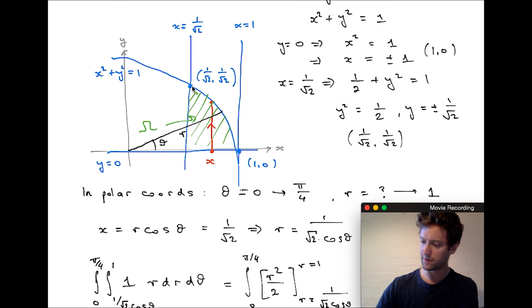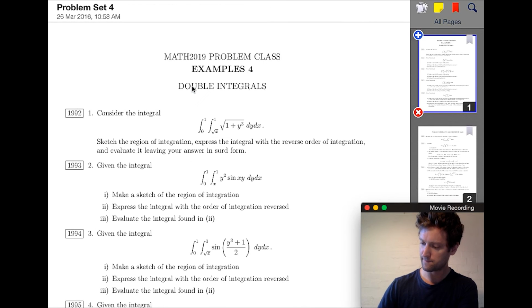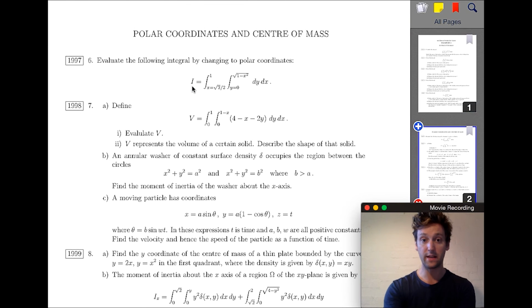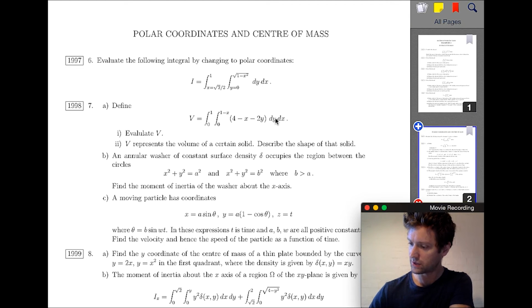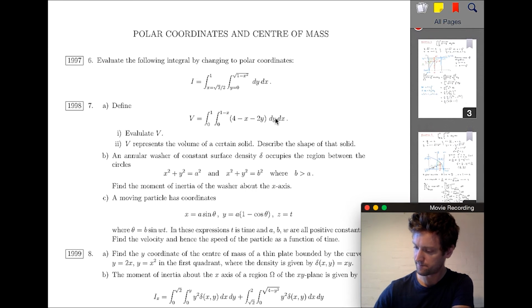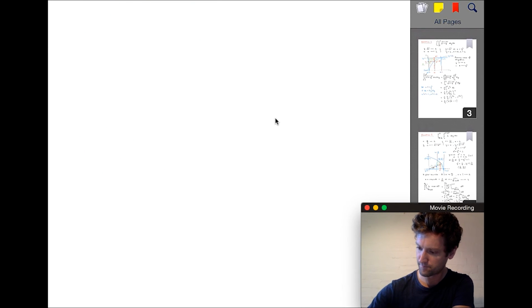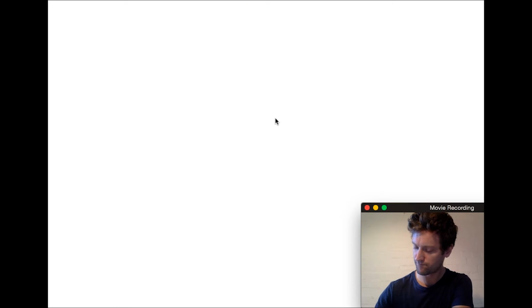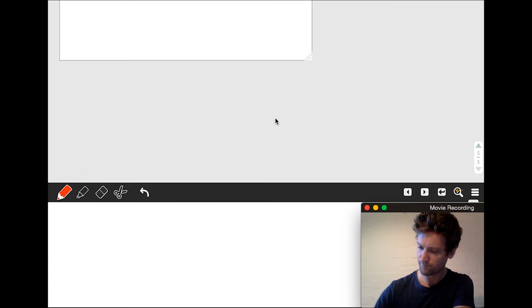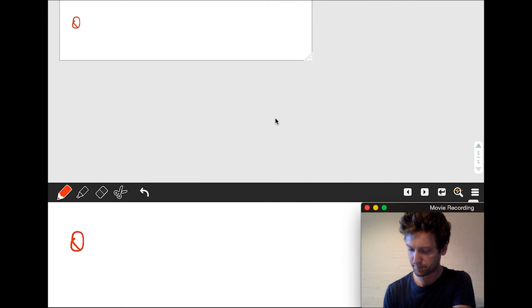So in question 7, we're asked to calculate the volume of this solid, and we're going to describe the shape of the solid. So let's take a look at that question. Question 7.